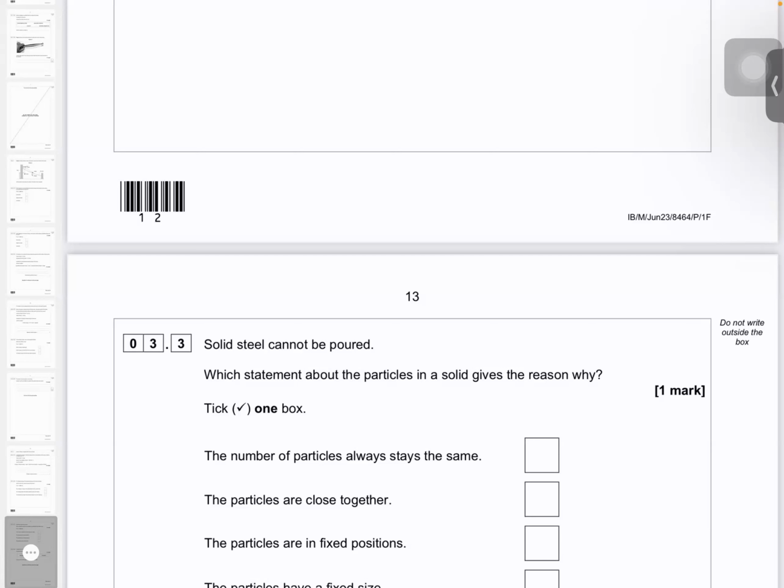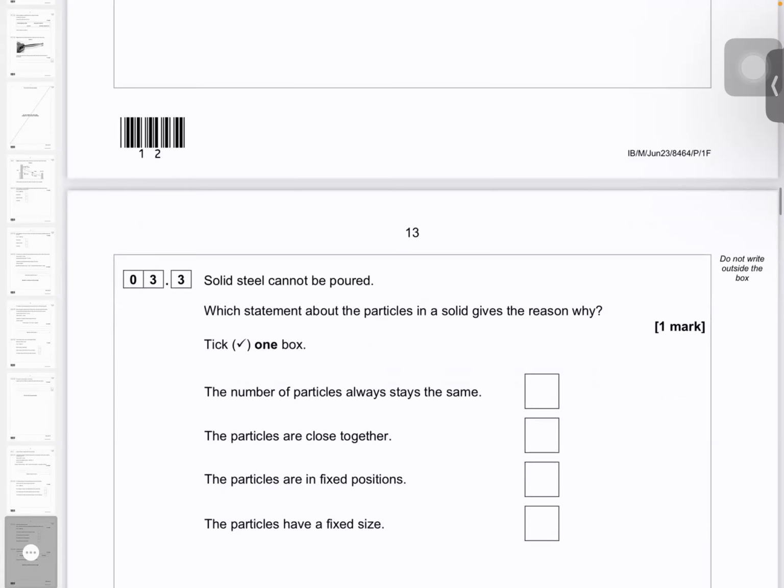All right. Okay. Do you want to scroll up a bit? I can't see that last one. The number of particles always stays the same. That's not what tells us why it cannot be poured, because it's still a solid. Number two says the particles are close together.